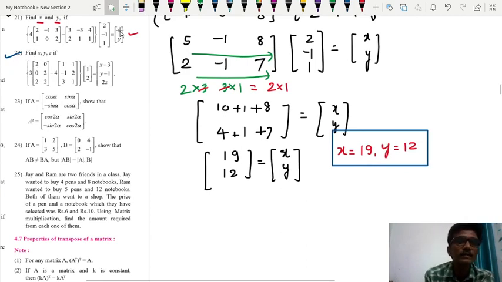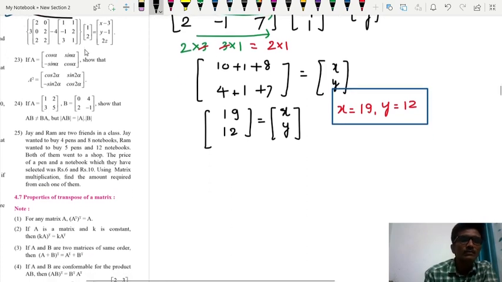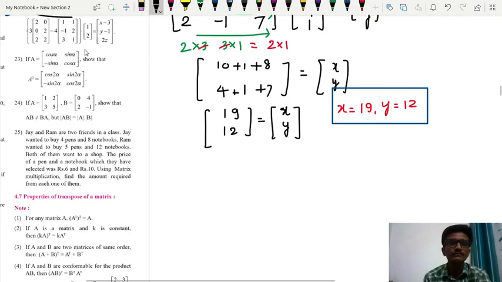Find x y z. So here we find x y z if this equation is given. So we solve this question.